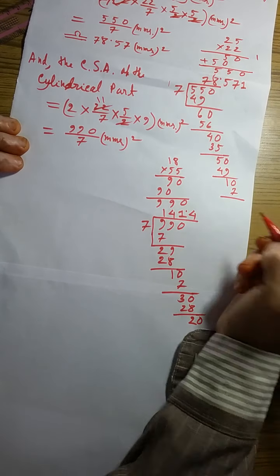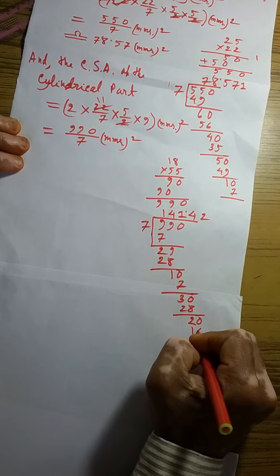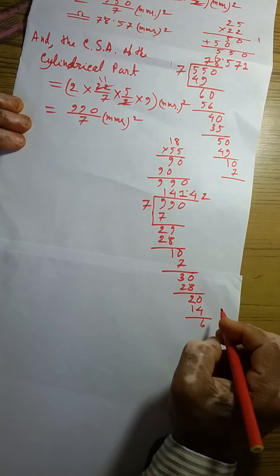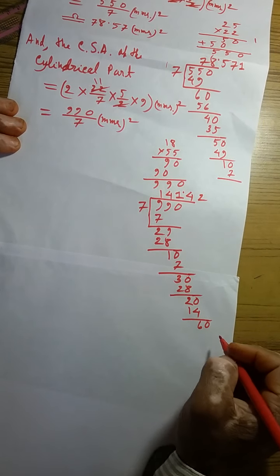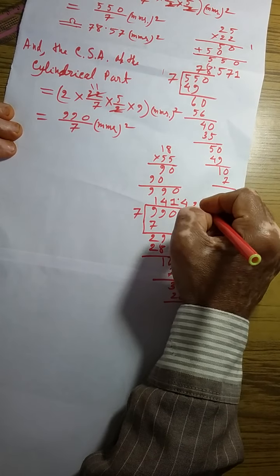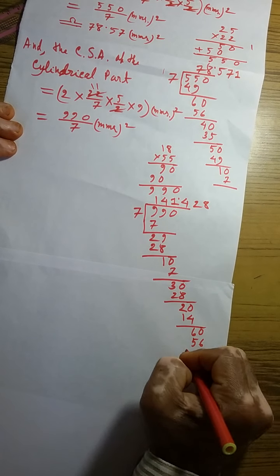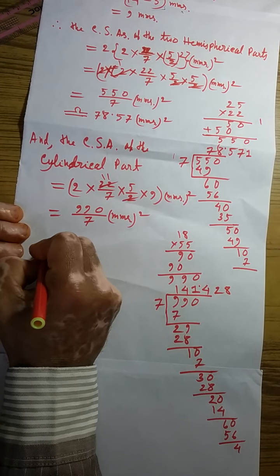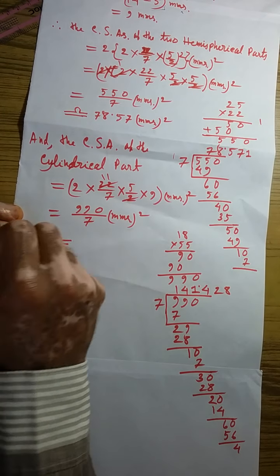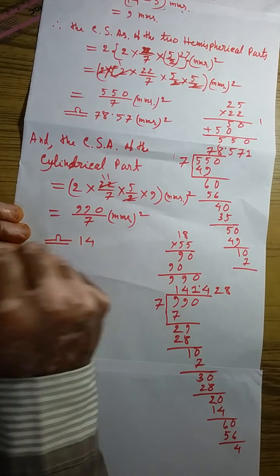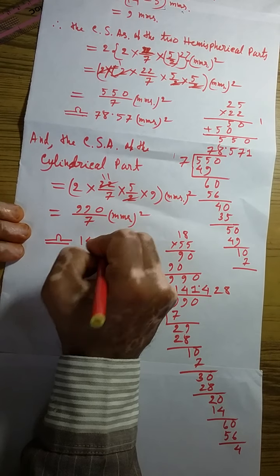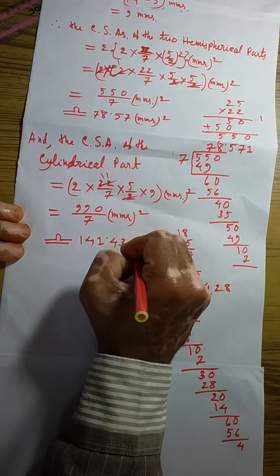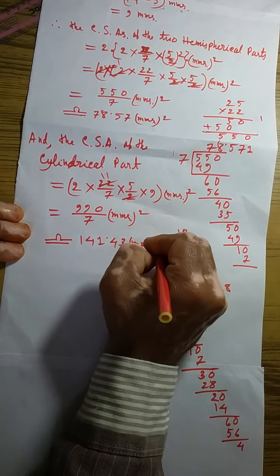Again 7 2 are 14. If we deduct, we will have 6 here. Again it will be 60. 7 8 are 56, we will get a 4 here. So this is approximately equal to 141.43 millimeters whole square.